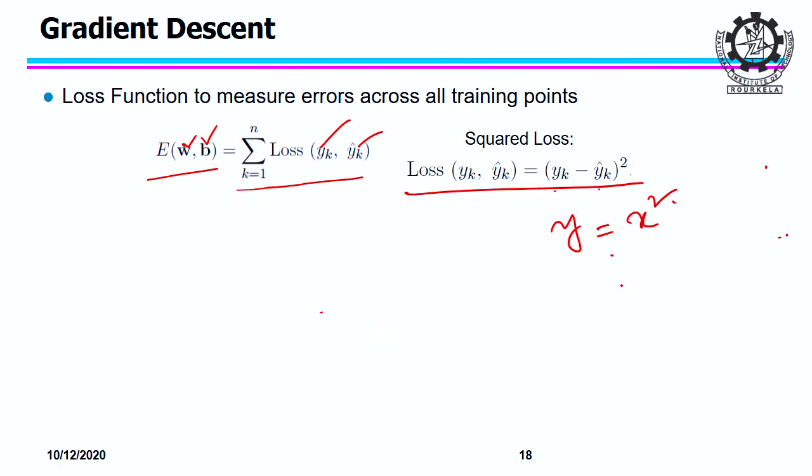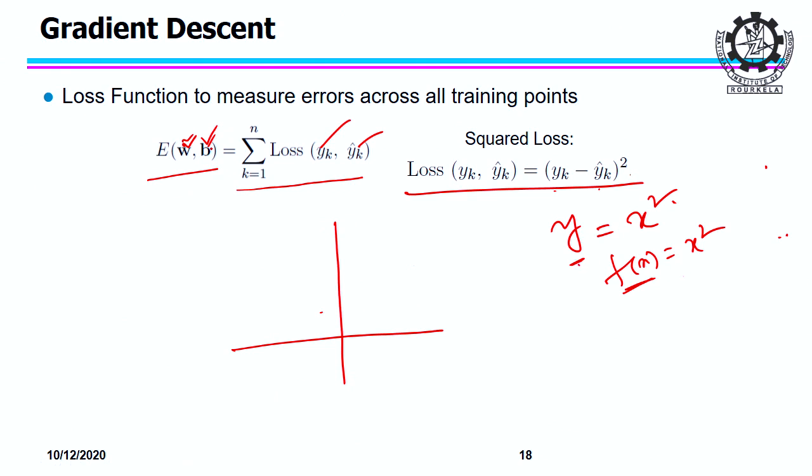So I can write f of x equal to x square. For any value of x, positive or negative, this function value will always be positive. Now, what is the objective? I should get a value of x where the function is minimum. Similarly, I should get the values of w and b where the error is minimum.